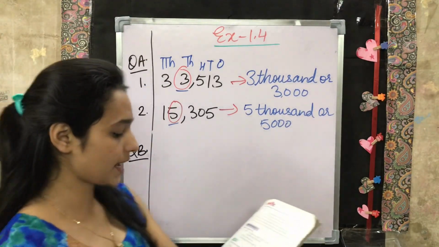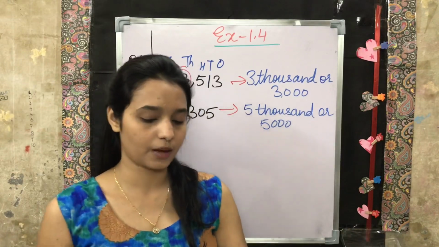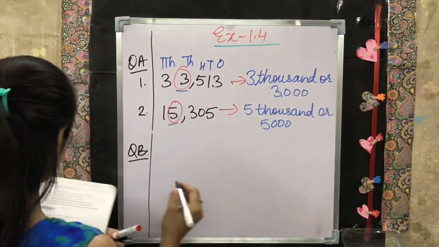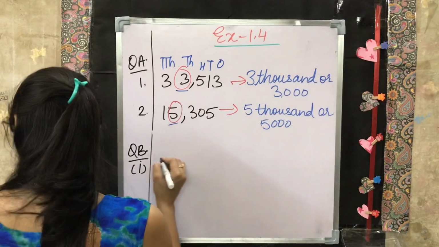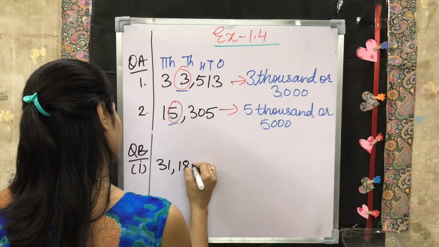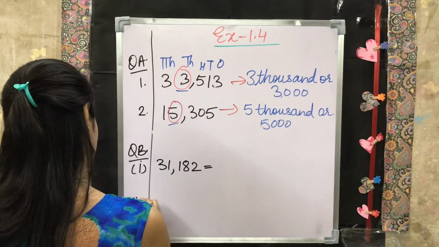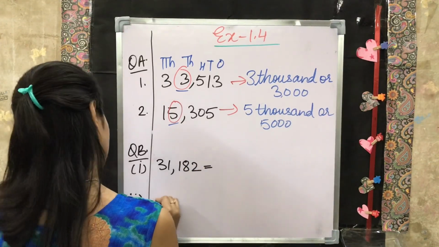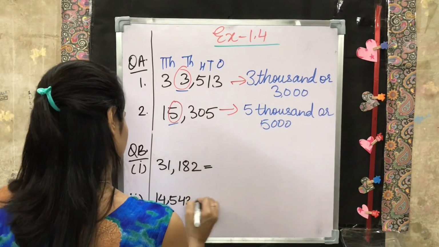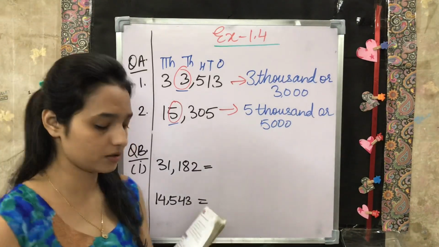Question B is: expand the given numbers. You have to expand the numbers which are given. The first number is 31,182. You have to expand this. And the next one is 14,543. You have to expand this too.